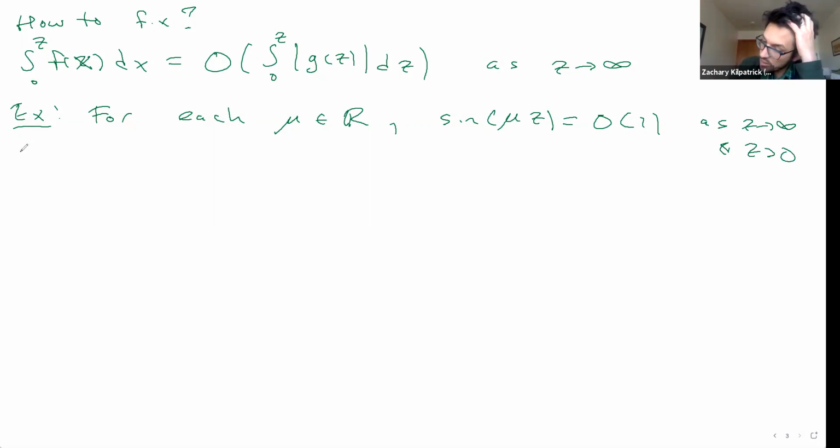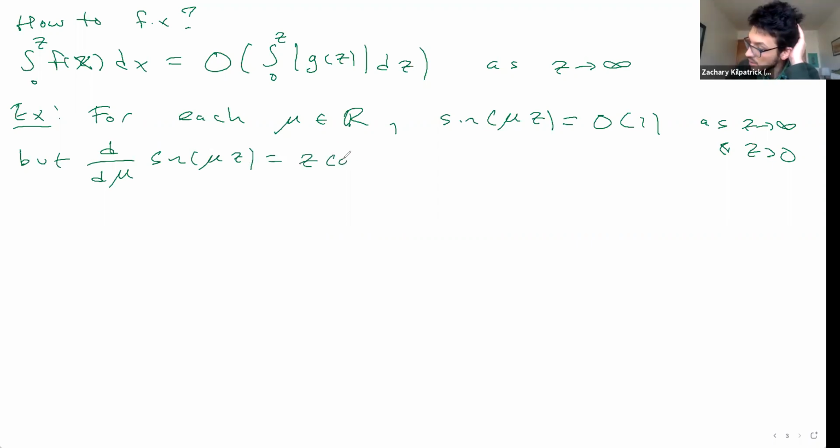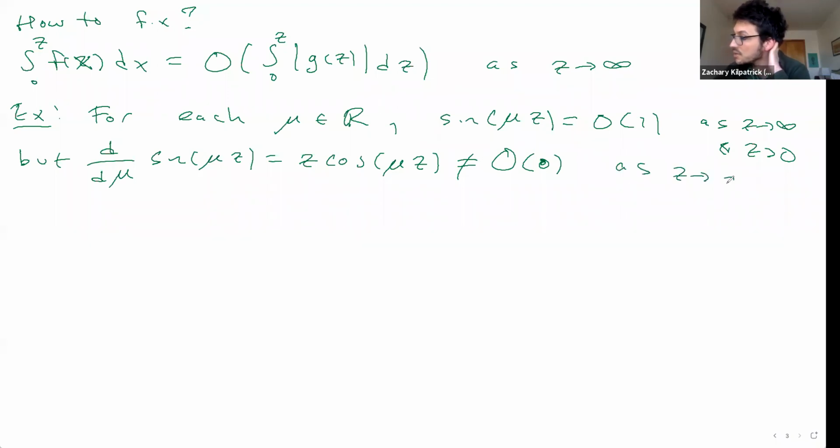But what happens if I try and differentiate? If I take d mu of sine of mu z, then what comes out is z cosine of mu z. Now I have z as my coefficient here, and that's going to blow up as z goes to infinity. But if I differentiate 1, then I get big O of 0, which is not true, as z goes to infinity, z greater than 0.